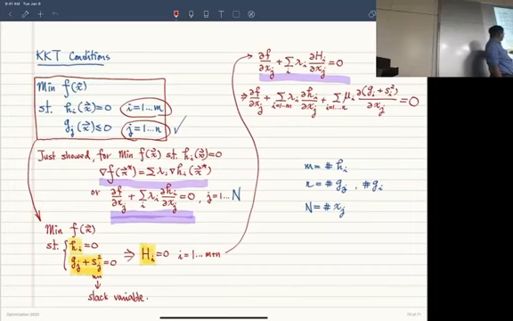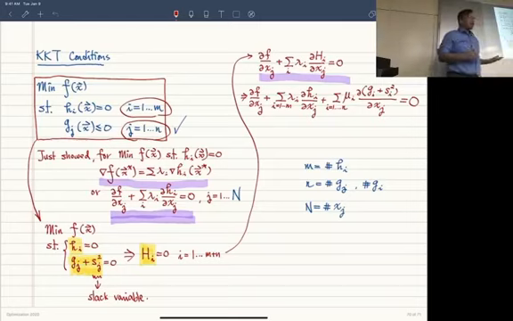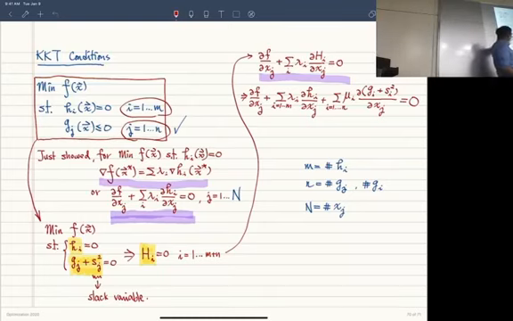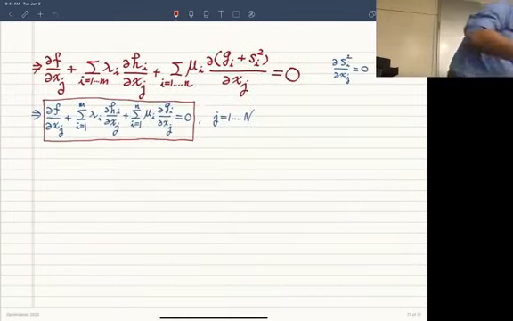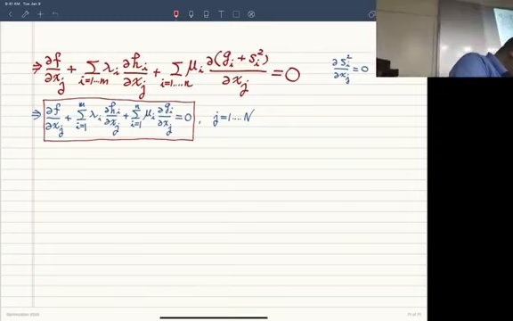And how many s? For every gj, we have one sj. So the number of s is the same as the number of g. So we have a bunch of those s, and they are also the variables of this problem. So supposedly this equation could also be applied to our slack variables. Now we want to talk about the slack variables.